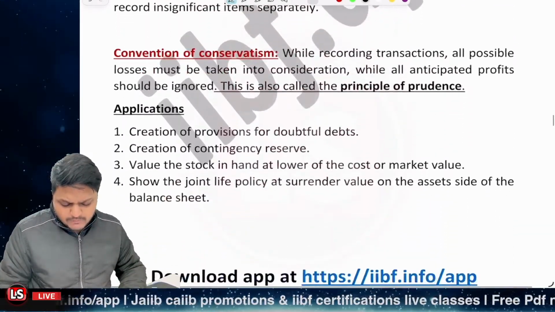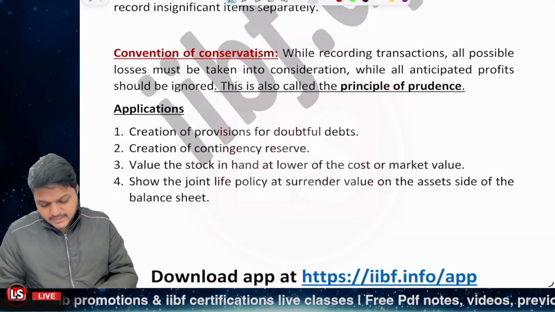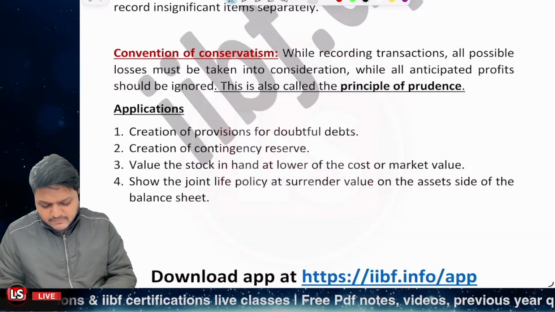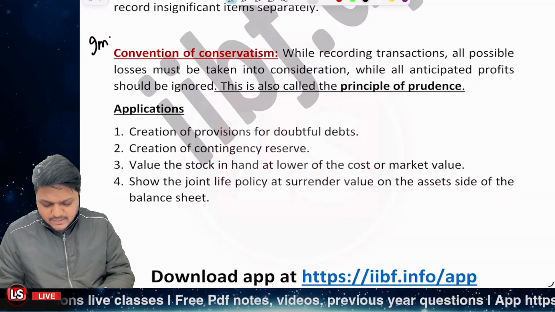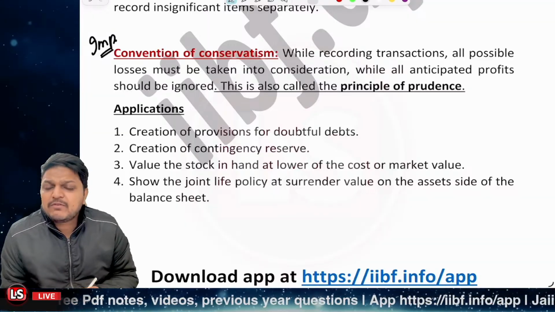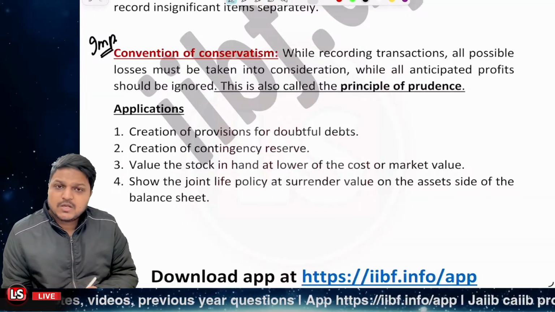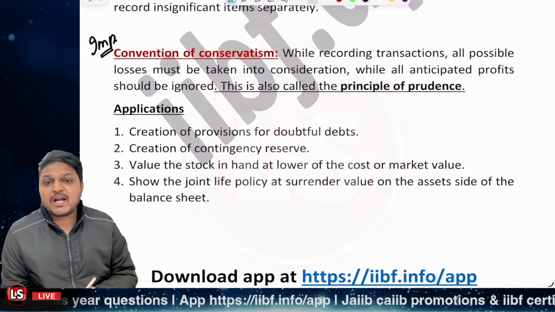Further, it's related to the convention of conservatism, very much important. We also call it the principle of prudence. Why is it important? Because whenever we record the transactions, whatever future gains are there, those are to be neglected.